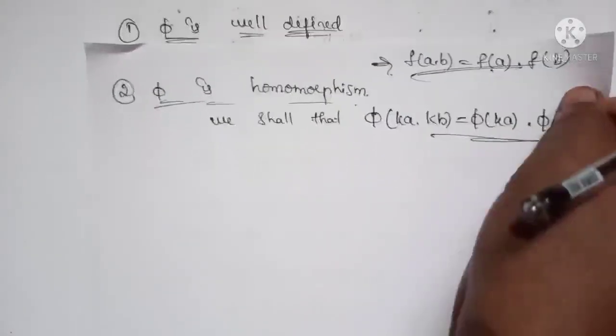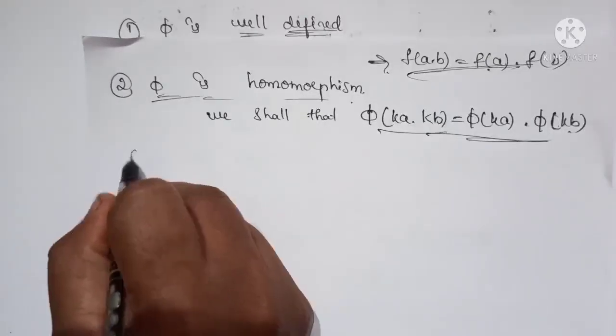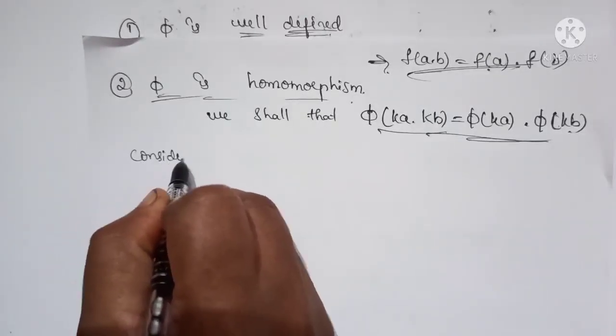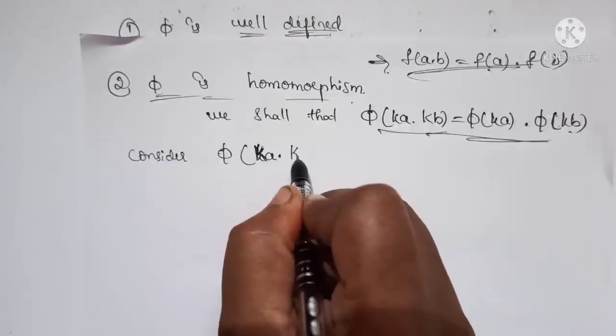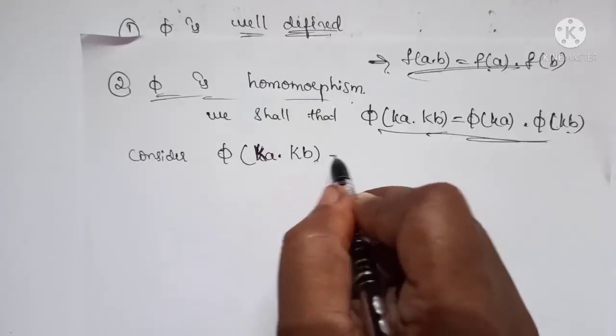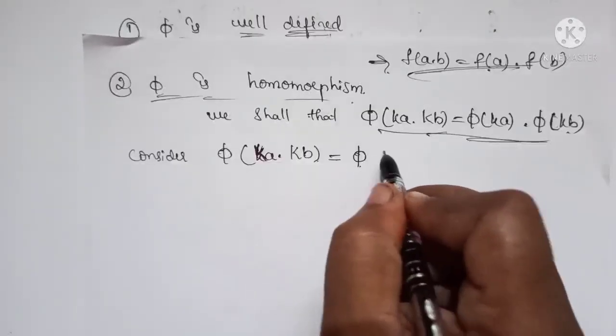For this we consider the LHS, phi of Ka into Kb.